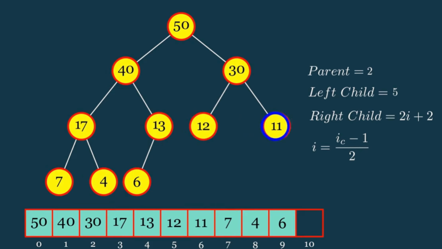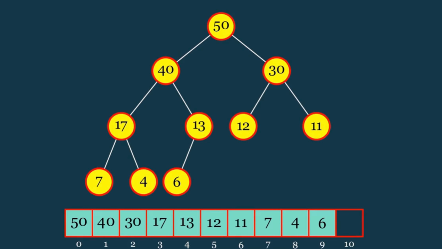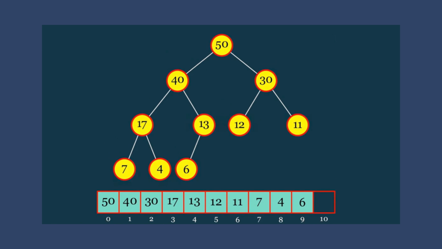Similarly, using the right child formula with i equals 2, we can find the right child index. To locate the parent of the current node, we use the parent formula with i equals 2 and take the floor of the result to determine its parent index. This simple indexing allows efficient traversal up and down the heap.